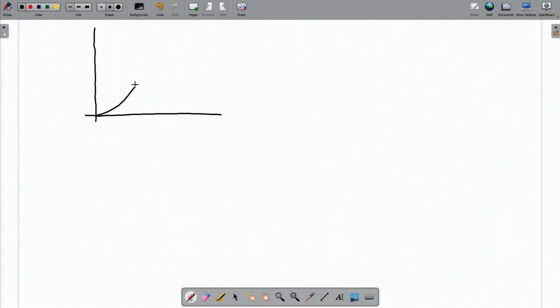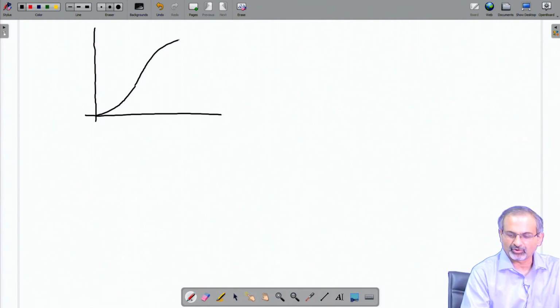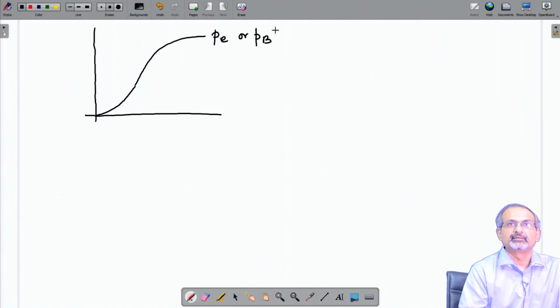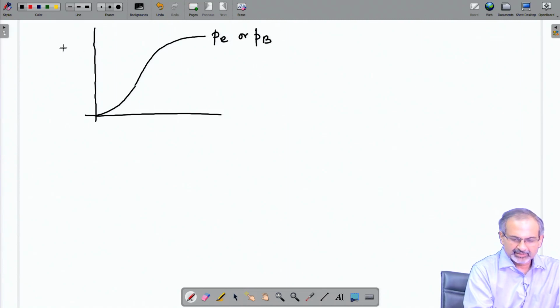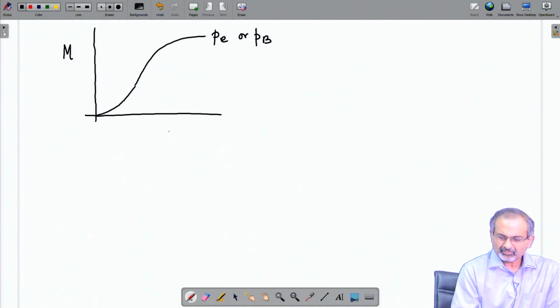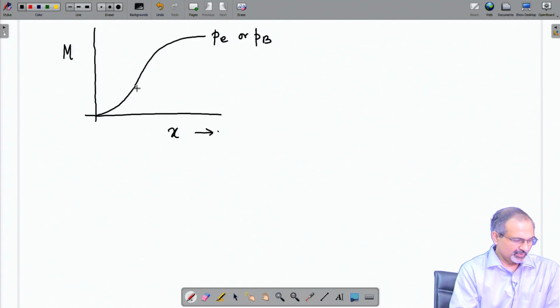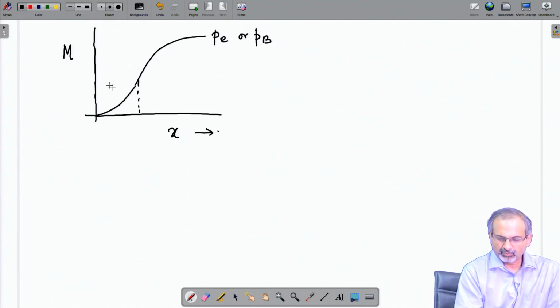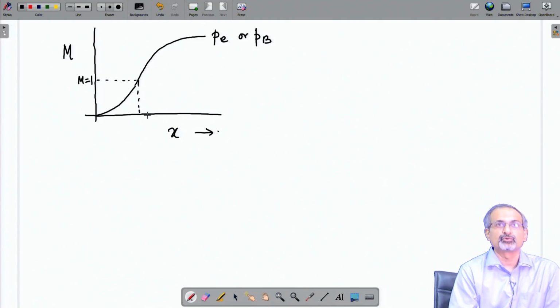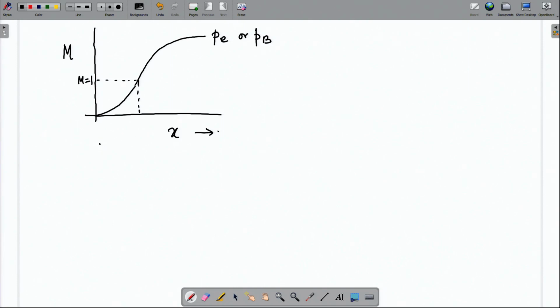Remember that we are using the terminology back pressure or exit pressure, P exit or P back, and they essentially mean the same. In this plot, we are going to show the Mach number variation as a function of x, and this is the location where the Mach 1 condition has been reached. That means it is the throat, and you have a choked flow here. If you were to draw the nozzle, this would be the minimum cross sectional area and then it expands.